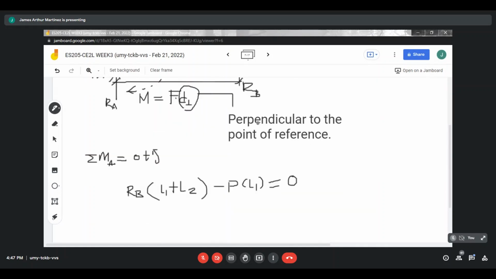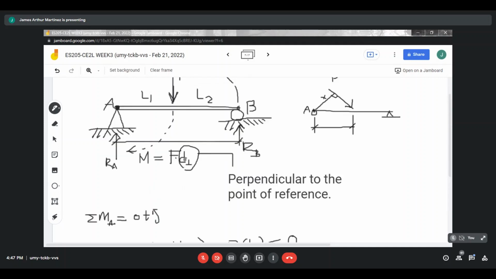Because again, one consideration of moment is that any force that passes through your point of consideration will just cancel. That will just equal to zero. By analysis also, since moment is equal to force times distance, if your force passes through point B, or wherever you take the moment, your distance is just zero.